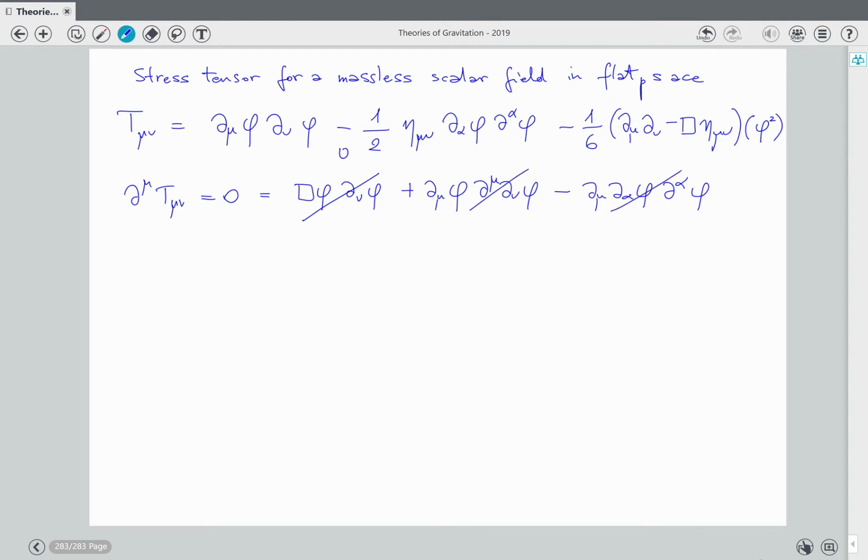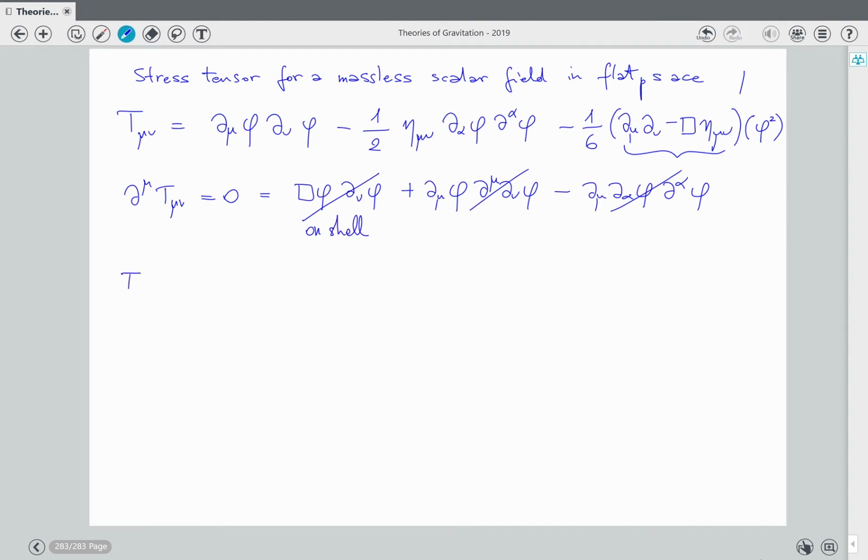That's what determines the relative coefficient here. So once you know the coefficient of the first term, you basically know everything else. And the last term doesn't need to be contracted with partial mu because there is a projector there, the same projector that is originated by the scalar curvature R, and that is transverse. So the first term is 0 on shell.